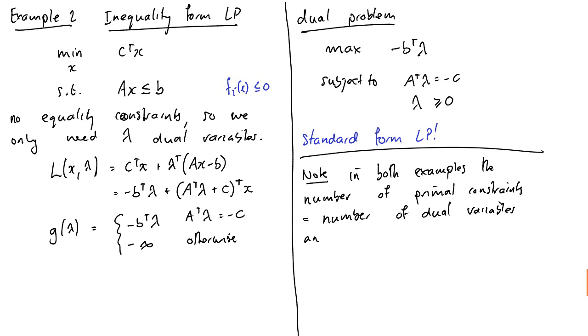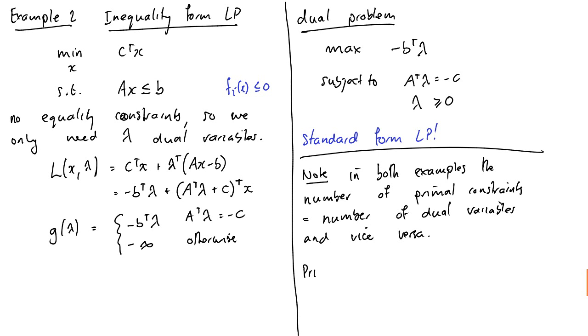And vice versa. Okay, this is basically because in both of these problems, the constraint matrix A becomes A transpose. So for this problem here, we have M constraints and N variables. This problem here, we have M variables and N constraints. Okay, so we're interchanging the number of constraints and variables, which can be quite useful when we're trying to solve the dual. And I'll talk about that a bit later.